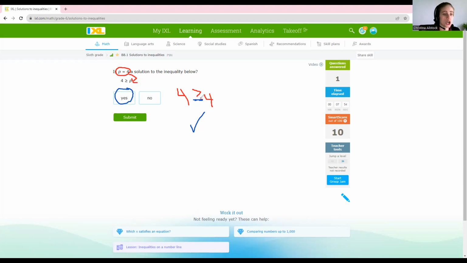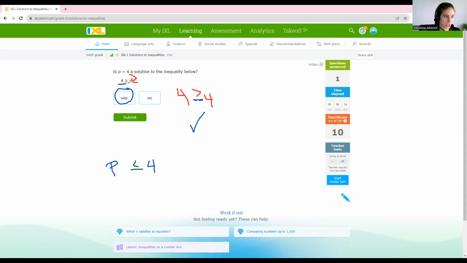If you do that, you just have to be careful to flip the whole thing. So we're flipping our P and our 4, they're switching places, but then that also means that our inequality sign needs to flip as well. Because no matter which way we write it, in order for it to be equivalent, in order for it to be representing the exact same thing, it has to be opening towards the same number.